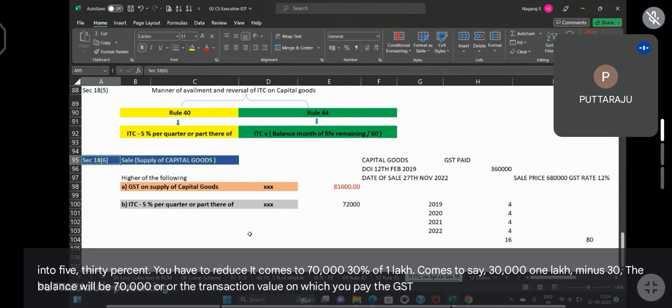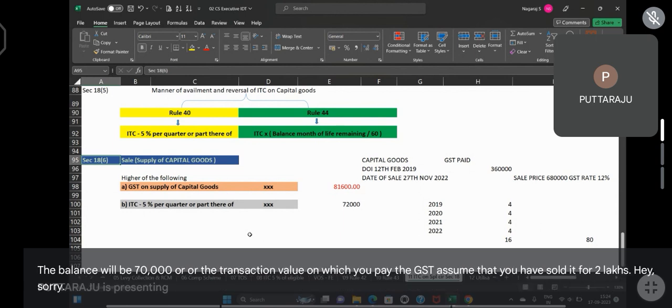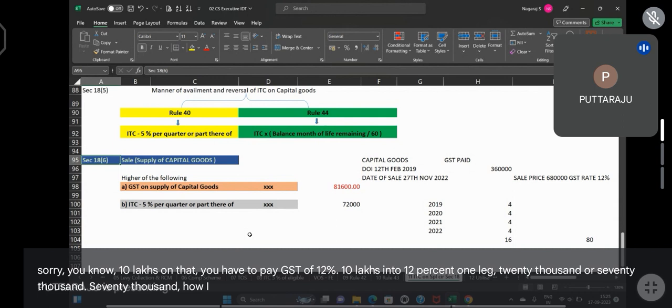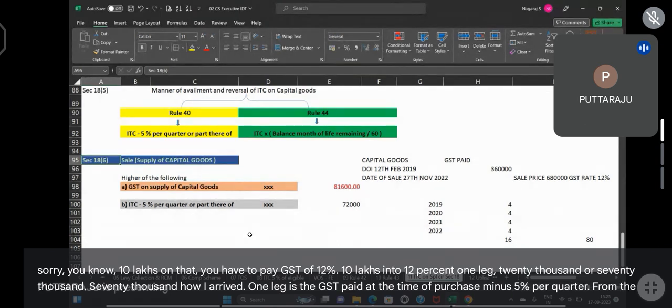Assume that you have sold it for 10 lakhs. On that you have to pay GST of 12%. 10 lakhs into 12%, 1,20,000, or 70,000. How did I arrive at 70,000? 1 lakh is the GST paid at the time of purchase minus 5% per quarter from the date of invoice to the date of sale.